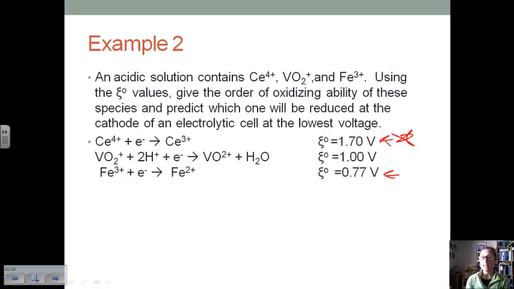And so that means that this one will be the best oxidizer, and that means that it is going to be reduced first at the lowest voltage. And so vanadium, and then the VO2, and then our iron. Okay, so our highest potential means it's most likely to get reduced first.